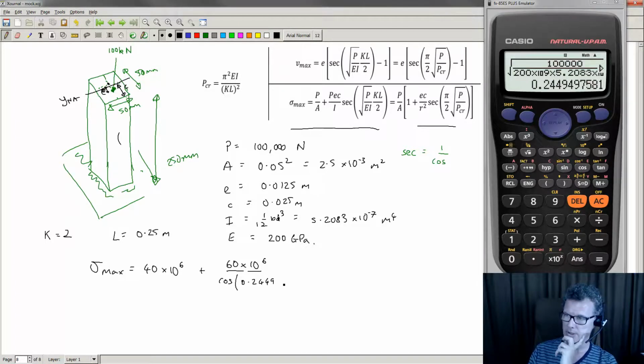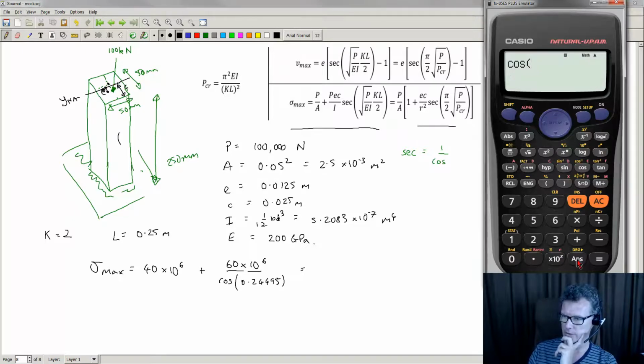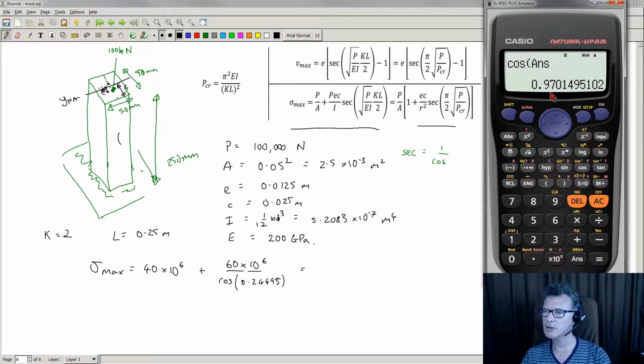And now I'm suspecting I will get a sensible answer. I'm going to put that in cos. Okay, so at least we're not getting 0.999. So we're going to divide it by 0.97. Okay, so let's do 60 divided by answer.